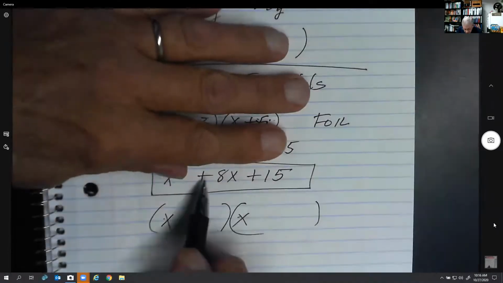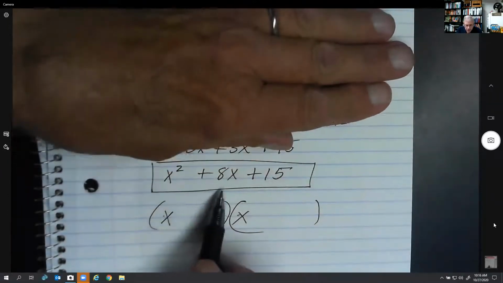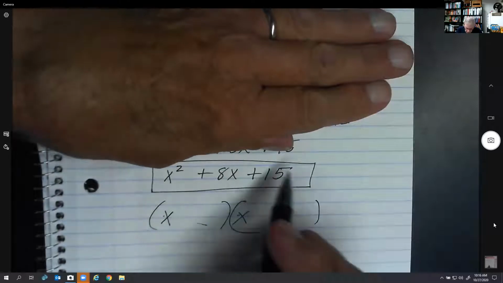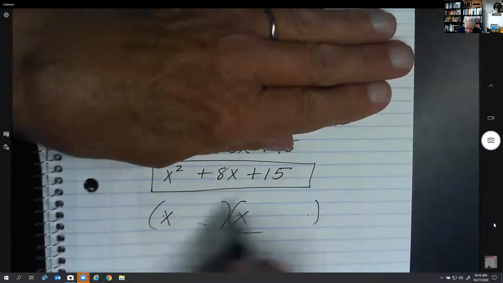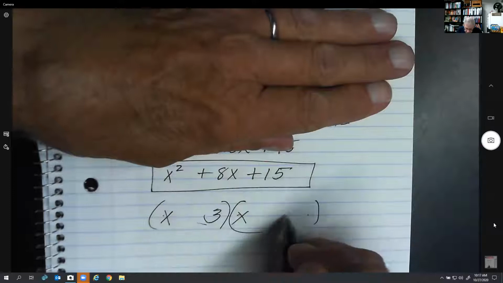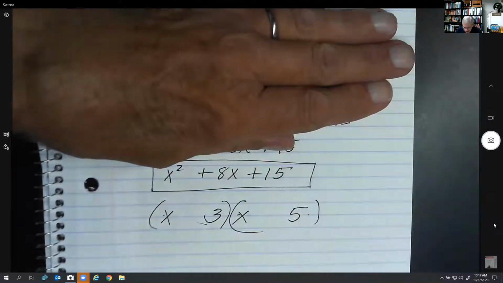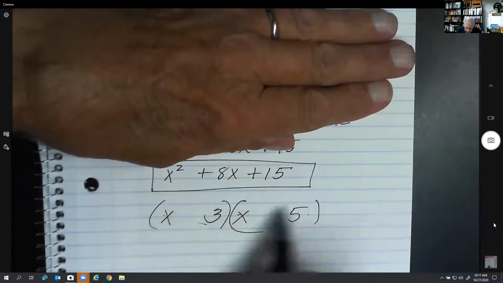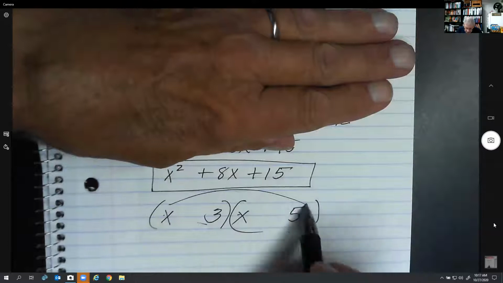So looking at this one, if we didn't have all this above it, we could tell the 15 could be 1 times 15, but it's probably 3 times 5. So we could kind of tell that. And then we could see that these two numbers could add up to 8 if we did the outside and the inside.